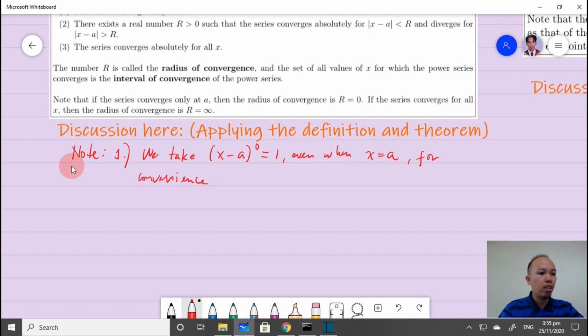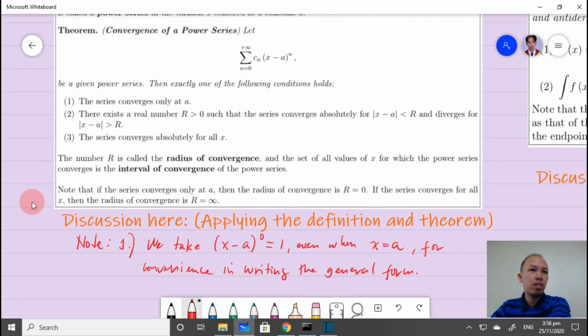In writing the general form, remember that this is the first term of the power series.